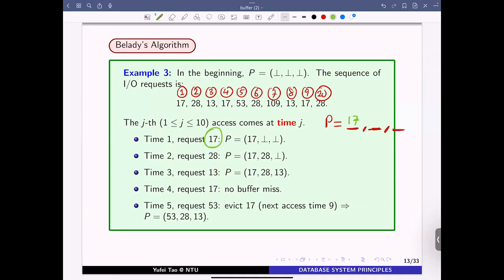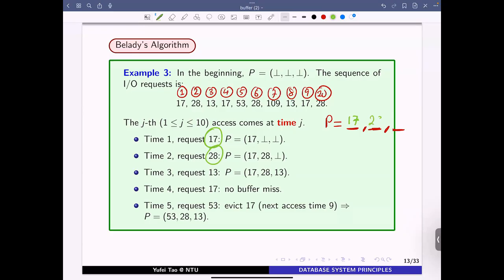That's pretty easy. Now let's go to time 2, and we're talking about 28. 28 is not in the buffer currently, and too bad, we have another miss. Well, nothing we can do about that. But we have to get 28 into the pool. We are able to do that because we still have 2 empty slots. Feel free to choose one.